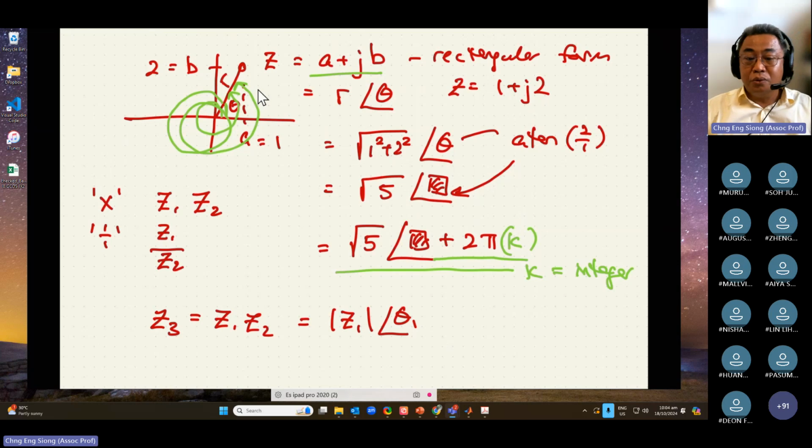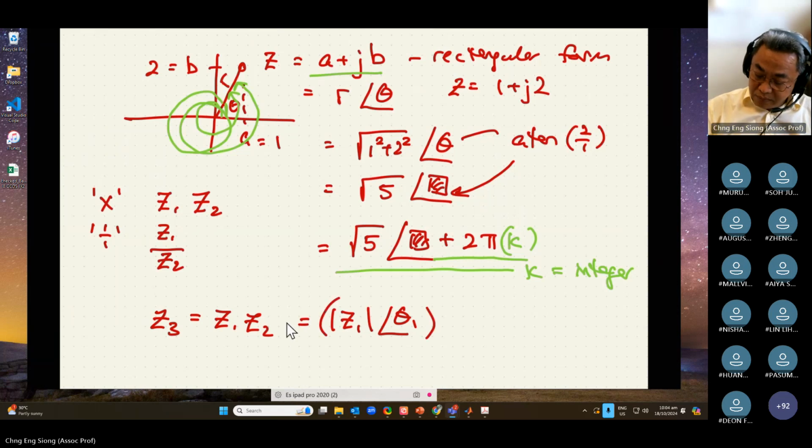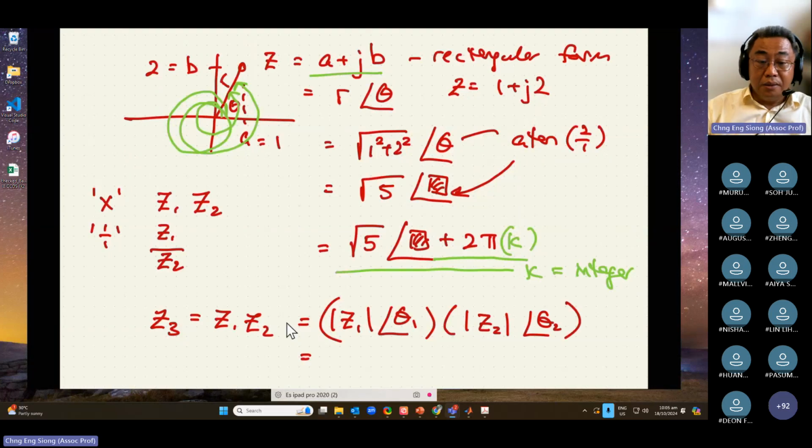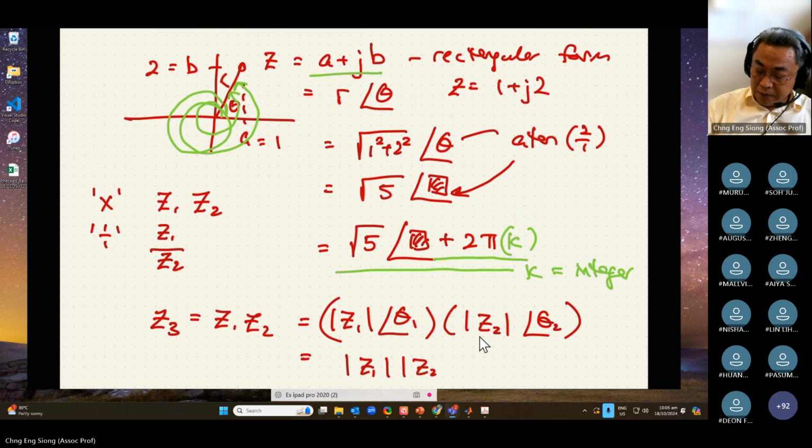So you go and convert your number from rectangular into polar form. z2. And then what do you think is going to happen, guys? The modulus multiplies.